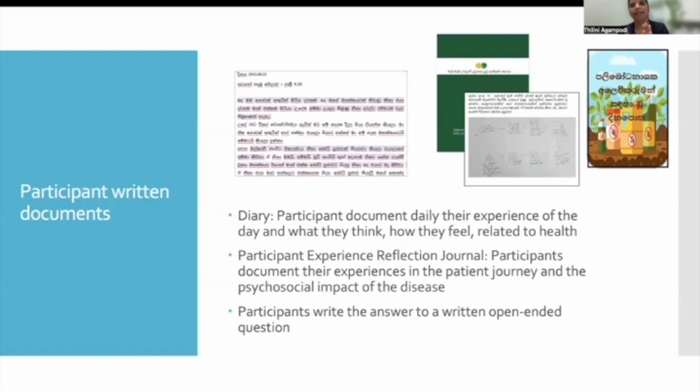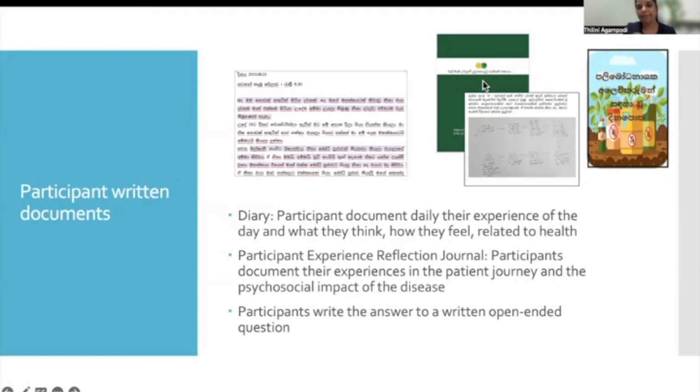There are specific guidelines that we could provide in formulating a diary, right? You have to give instructions. You can include a model diary page so that the participant can read it and understand, okay, this is how I should write my diary, right? Specific instructions, you can structure the diary, and so on.